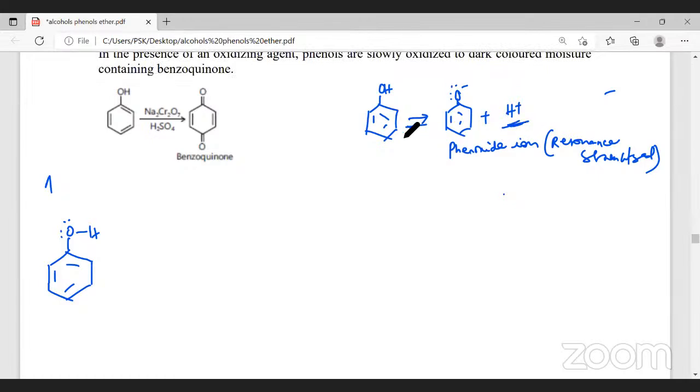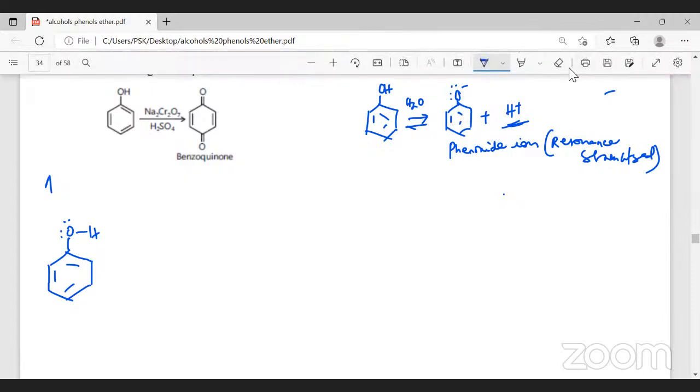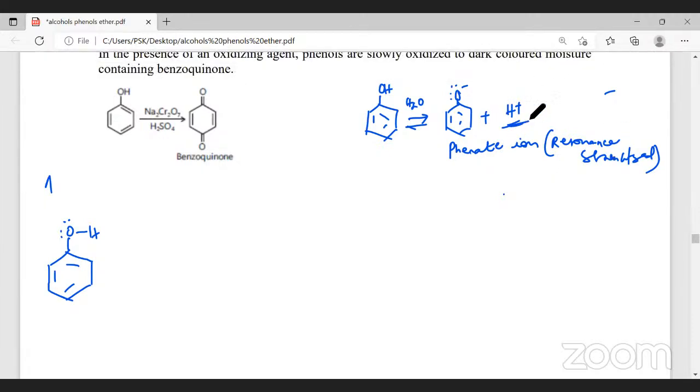So phenol, when dissolved in water, will dissociate partially to form phenoxide ion, or not phenoxide, it's called the phenate ion. This phenate ion is resonance stabilized, meaning H plus ion will be released as such.